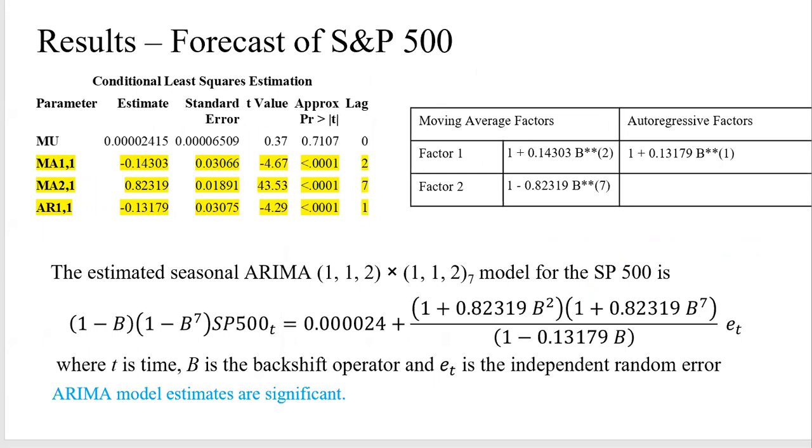The estimated seasonal ARIMA 112 by 1127 model for the S&P 500 index is shown in the slide, where T is time, B is the backshift operator, and ET is the independent random error. And as you can see, the ARIMA model estimates are significant.